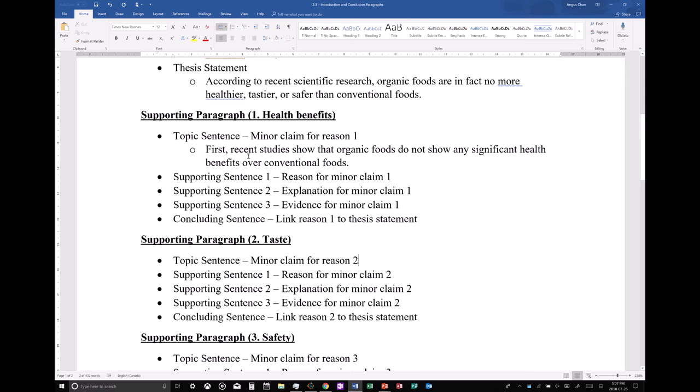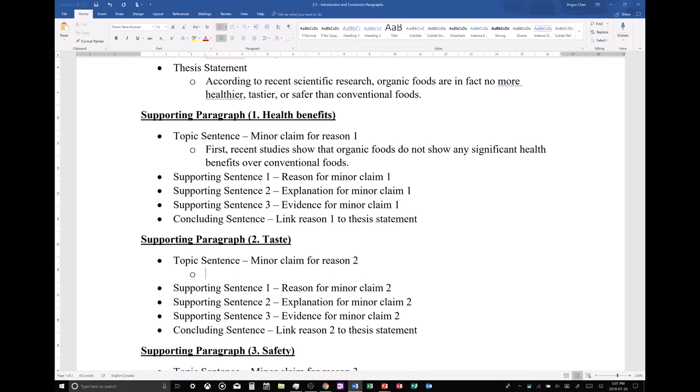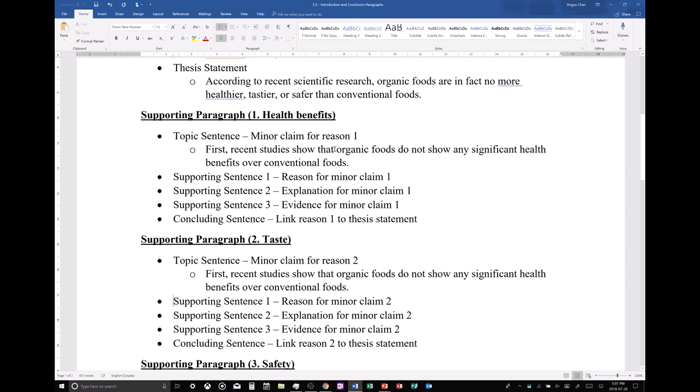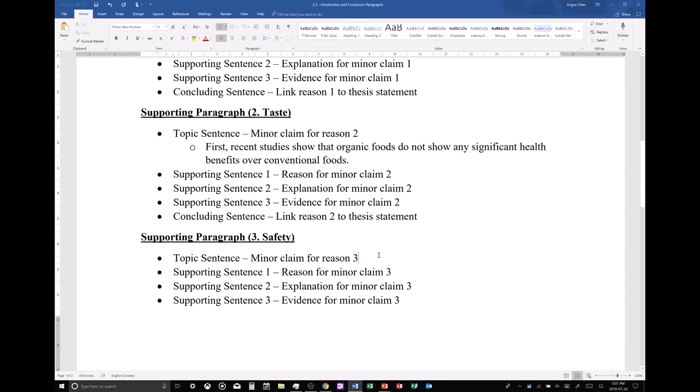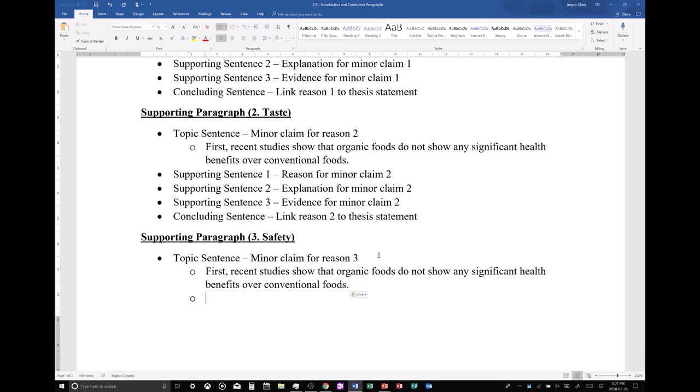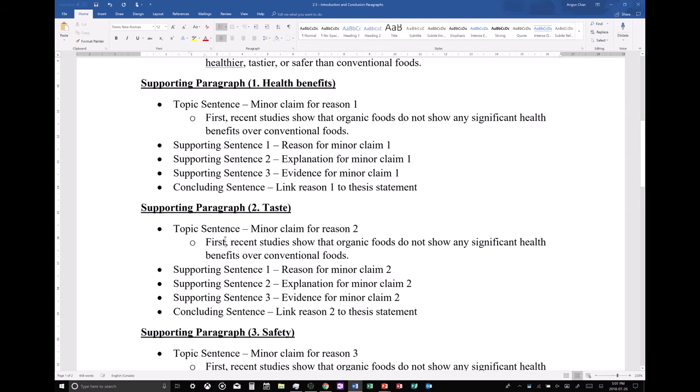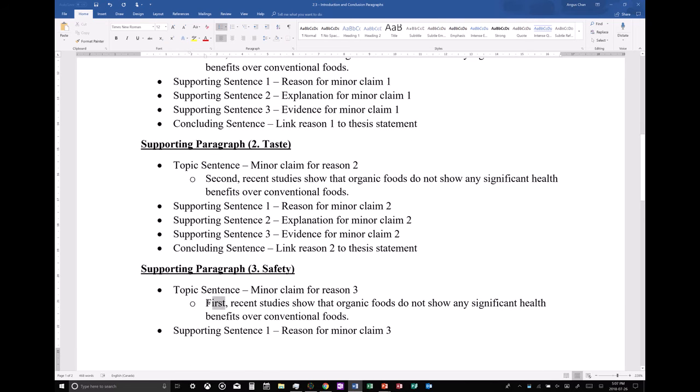So each of your topic sentences would have something like this. So you might make something similar with each topic sentence in each paragraph. So I'm showing you a simple way of doing this. Second reason, third reason.